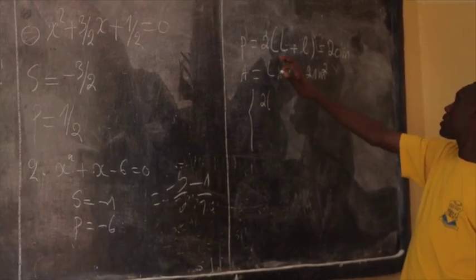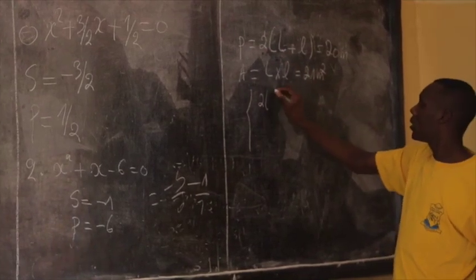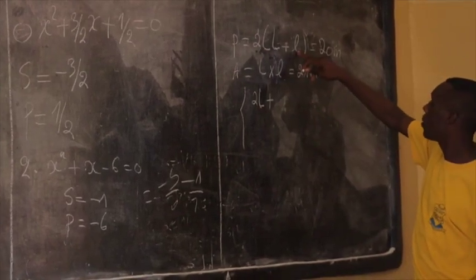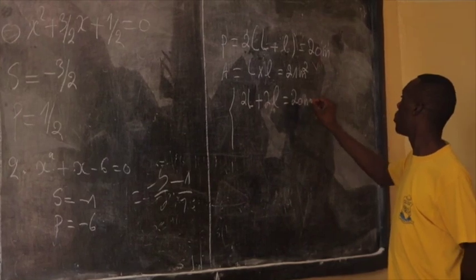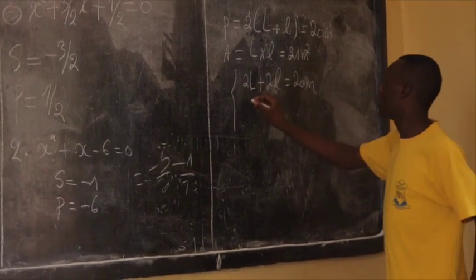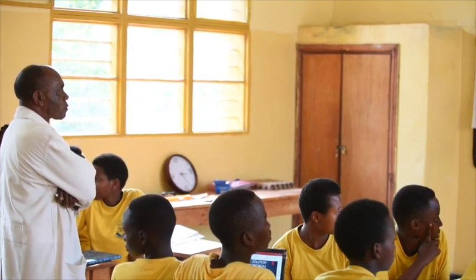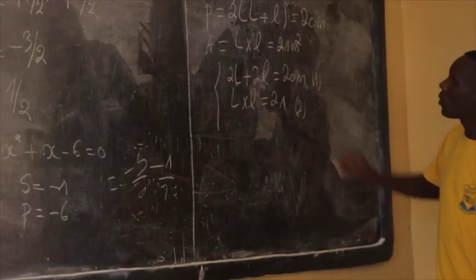We can expand this bracket: 2 times length plus 2 times width equals 20 meters. And length times width equals 21. This is equation 1 and equation 2.